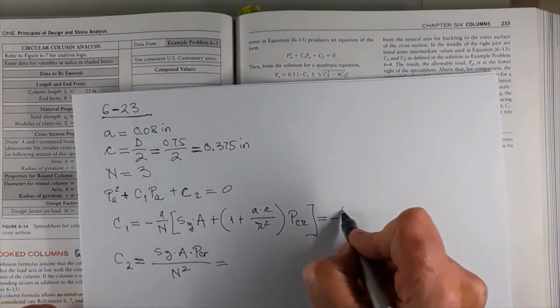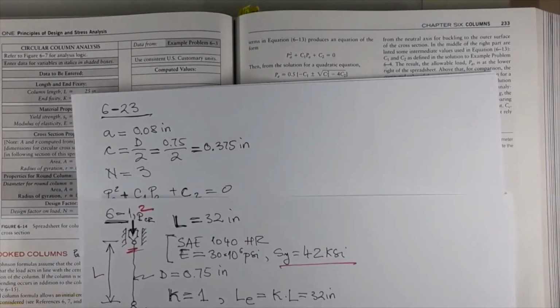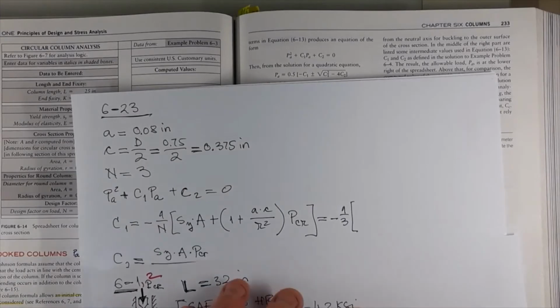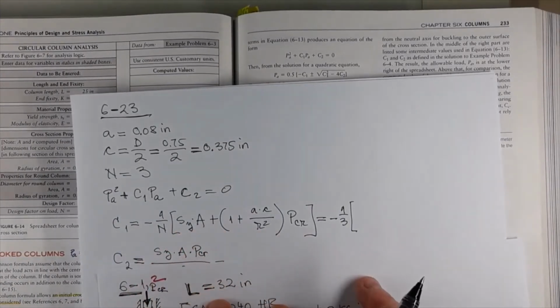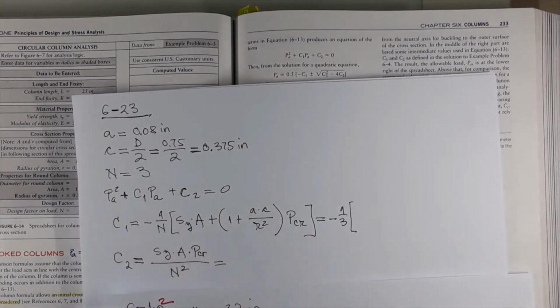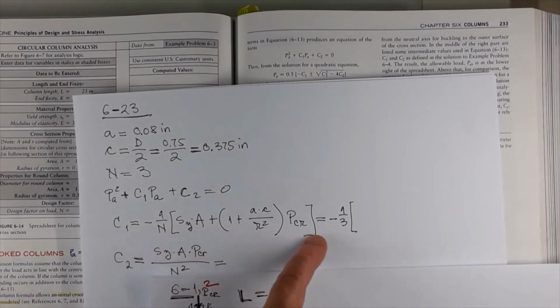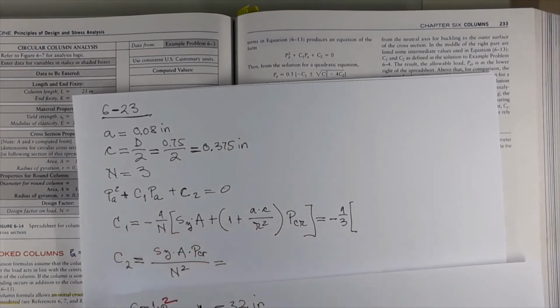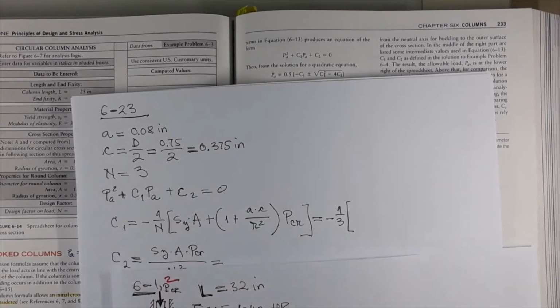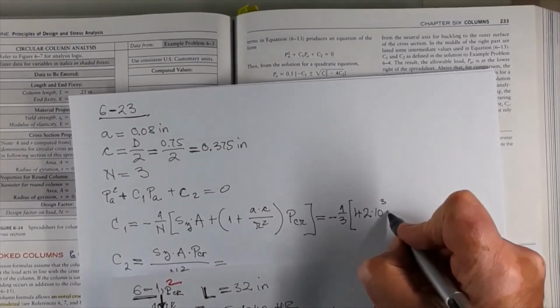Okay, so negative 1 over 3, and we have the yield strength 42 ksi. And let's see what kind of units we have. We have area. All right, so we're going to use psi. So 42 times 10 to the power 3 psi times area.